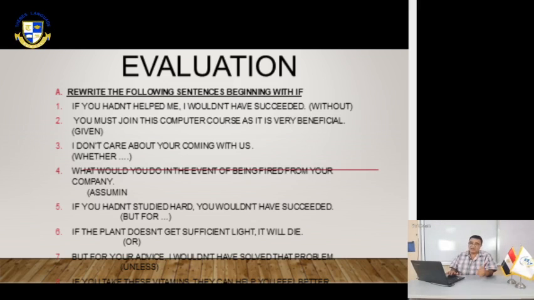Here we have third conditional, wouldn't have solved. Begin with unless. Unless must be followed by a clause, a subject and a verb. So, unless you had advised me, and keep in mind that advise as a verb has the letter S, not C. Then we complete the sentence.